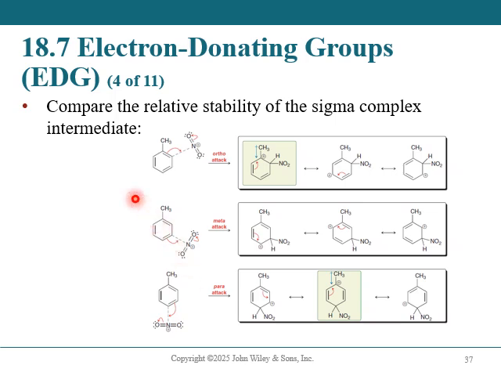Now, let's look at the 1,2 attack right here, the ortho attack. When that happens, you have your methyl group right here, and you lose the electrons here, so your carbocation forms right here, which can then be resonance stabilized, so your positive charge lies here, here, and here. Now, when you look at the meta attack, 1,3, then your carbocation is resonance stabilized, you can see that the distribution is a little bit different, right?